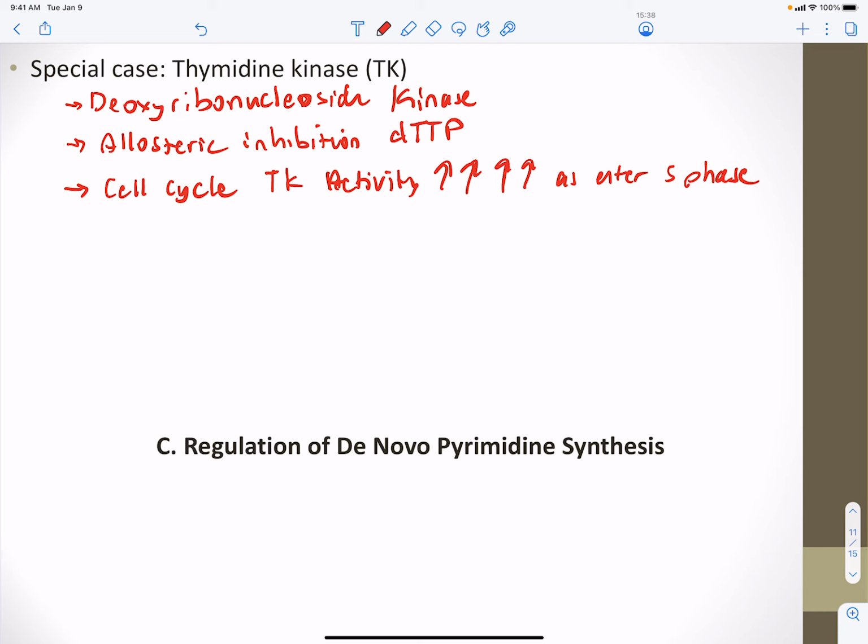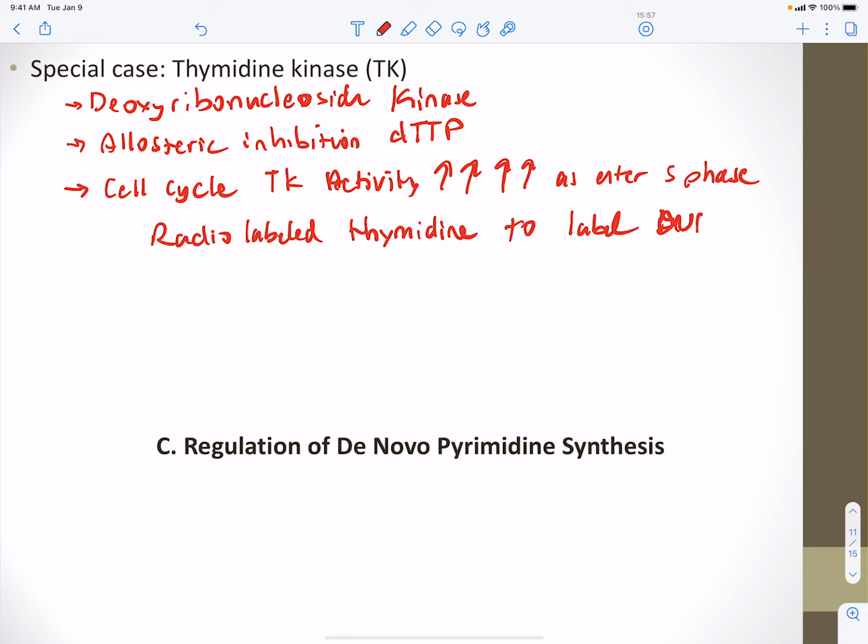So basically, you use radio-labeled thymidine, and you're using the thymidine kinase activity in order to incorporate all these radio-labeled thymidines. And so this is going to be used to investigate or estimate rates of intracellular DNA synthesis, for example.